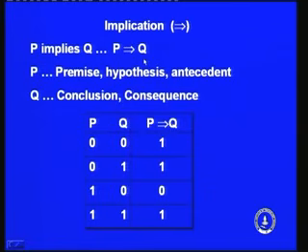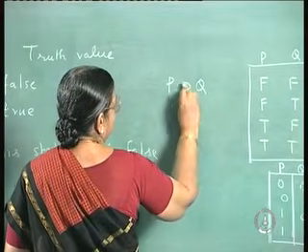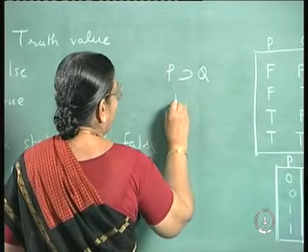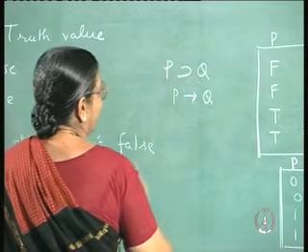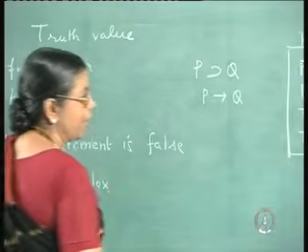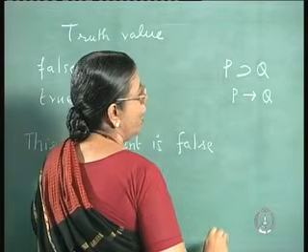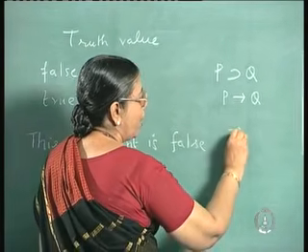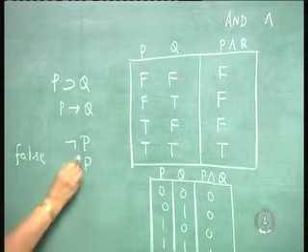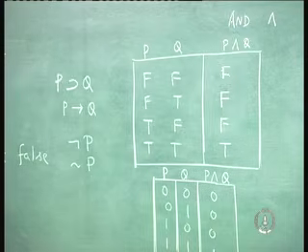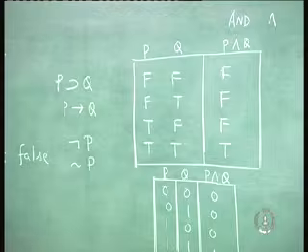In some books it may be written like this, and in some books they rarely use this sort of an arrow for P implies Q. So, when you take a book, you must be clear what sort of notation they are using. Similarly, not P is usually denoted like this, sometimes it is also denoted like this. So, when you see a book, you must be careful what notation they are using.